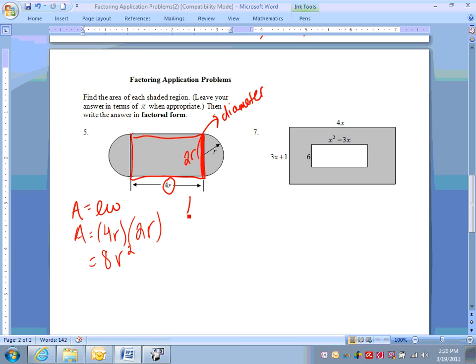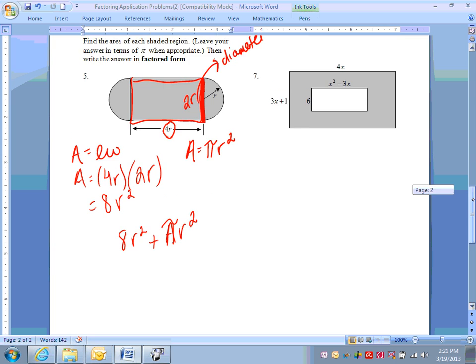And now we have to find the area of our circle so we can add them together. The formula for area of a circle is pi r squared. And they tell us the length of the radius is r, so we don't even have to change the variable r in this problem. So we're going to add those two things together: the area of the rectangle, 8r squared, plus the area of the circle, pi r squared.